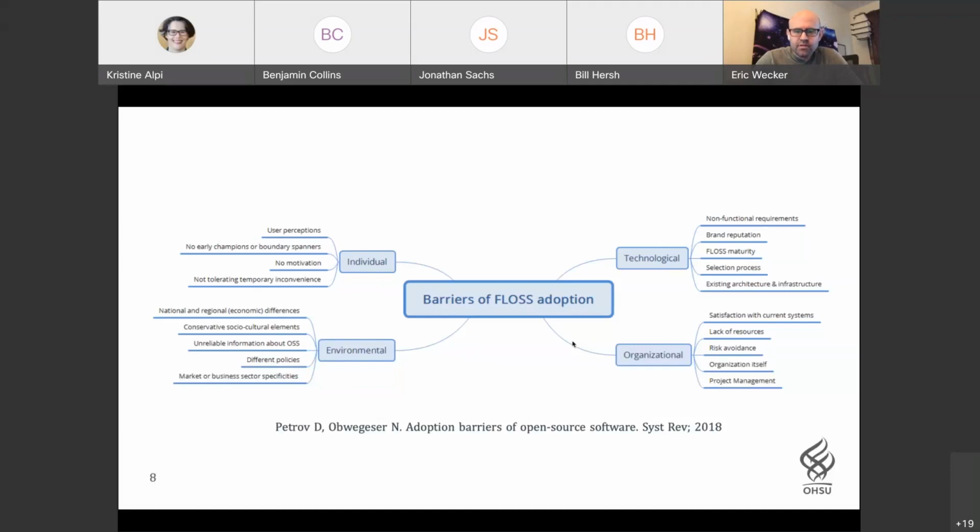So here are some barriers to adoption identified by a study in 2018, and they're generally categorized into four main groups: individual barriers, environmental barriers, technological barriers, and organizational barriers.